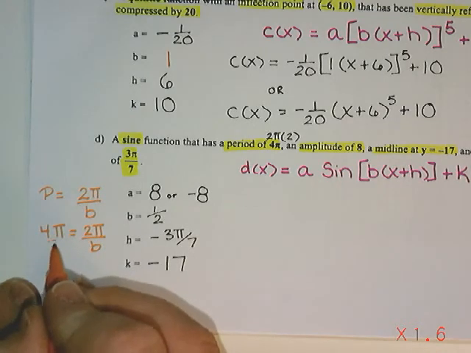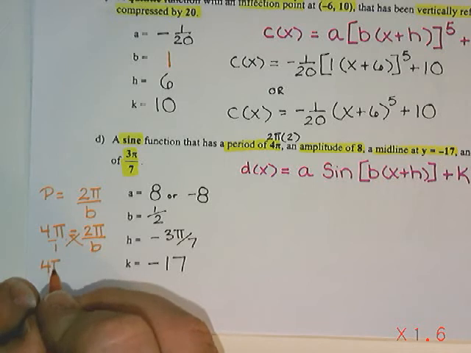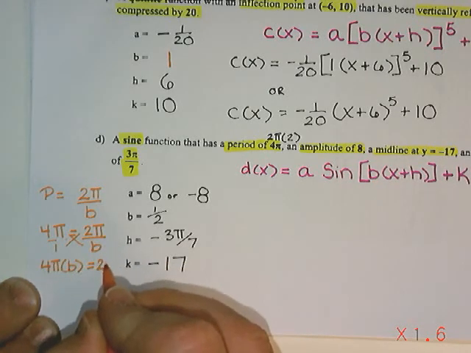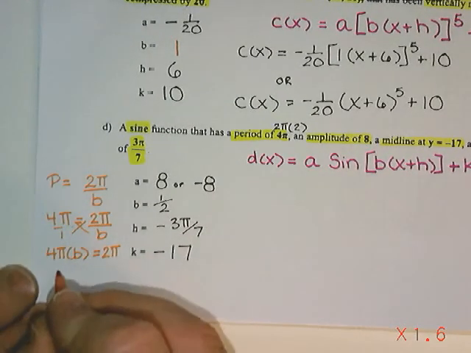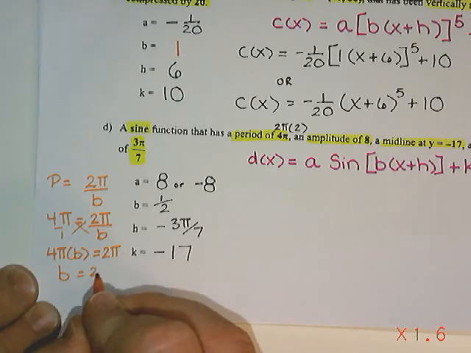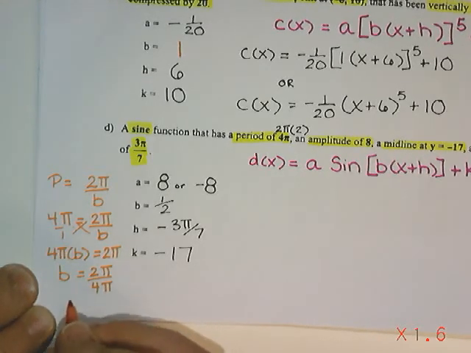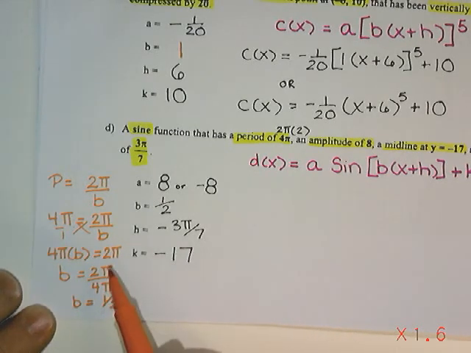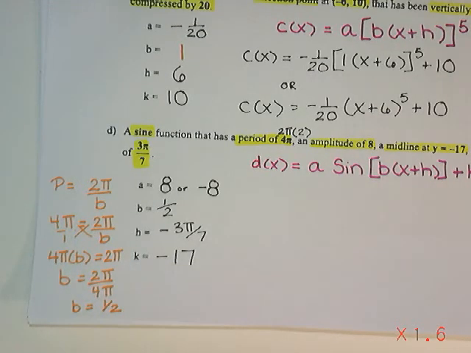I would cross multiply. So I would get 4 pi times b equals 1 times 2 pi, so 2 pi. And then I would divide by 4 pi to get b by itself. And 2 pi divided by 4 pi is the same thing as 1/2, right? The pi's divide out, and then I have 2 over 4, and that's the same thing as 1/2.